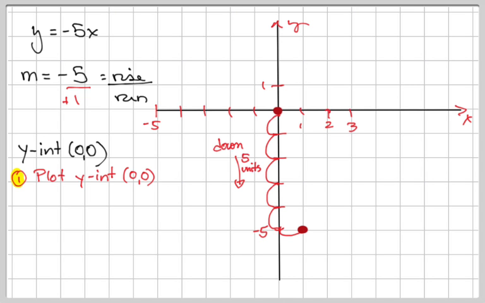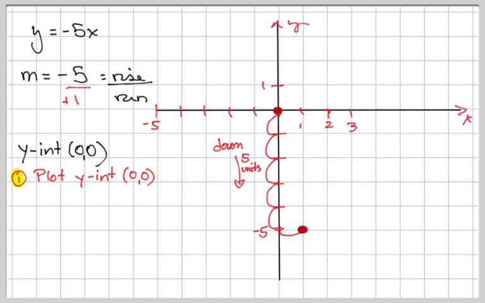So you use your rise. If your rise is positive, you go up. If your rise is negative, you go down. And if your run is positive, you're running in the positive direction to the right. If your run is negative, you're running in the negative direction. However many units, tick marks, x increments, you have the 2 points.